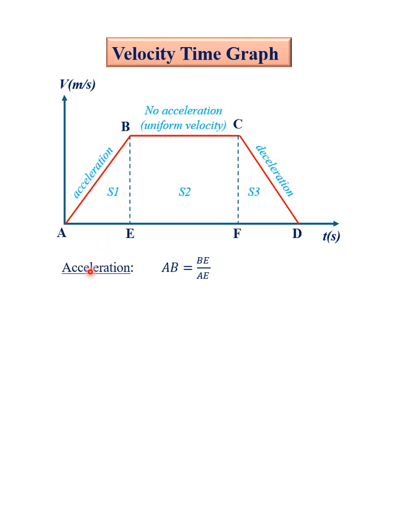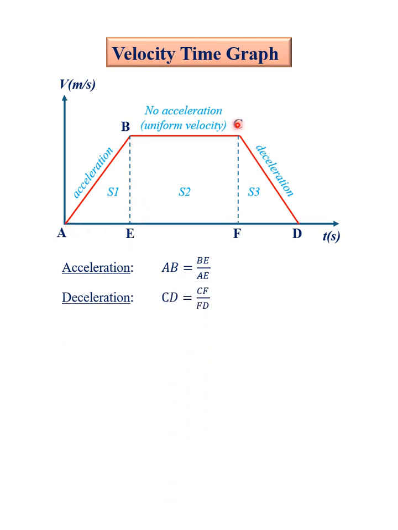So we can say that acceleration is equal to the slope of the graph, which is BE all over AE. If you're given two of these sides of the triangle, you can find the third side, be it the acceleration, the velocity, or the time taken.